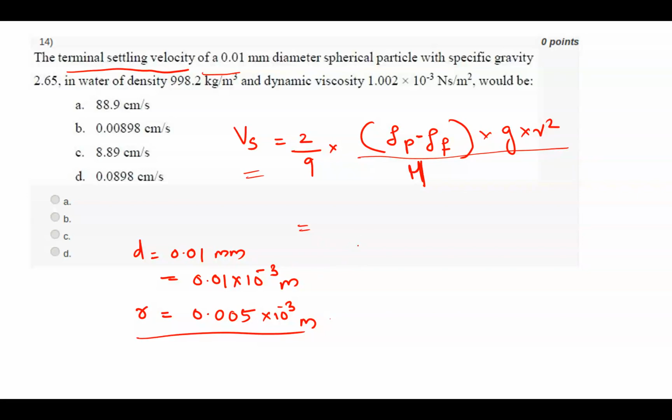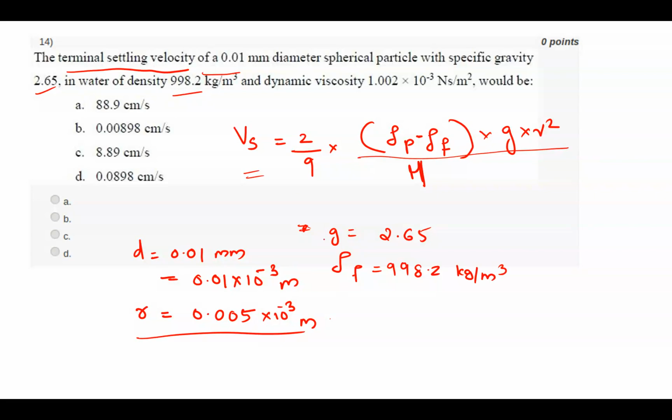You know the specific gravity, G is equal to 2.65. Then the water density, the density of the fluid. Water means it's fluid. It is equal to 998.2 kg per meter cube.